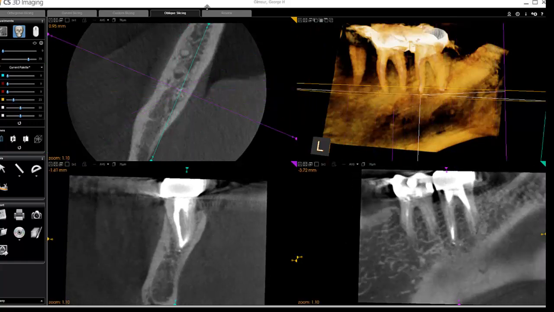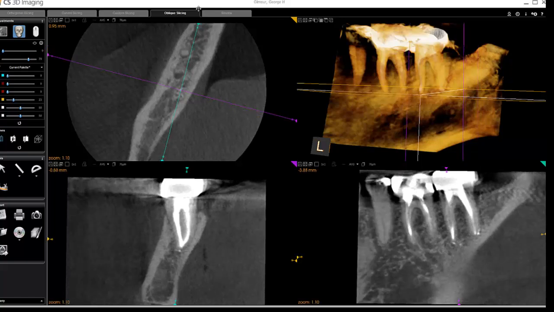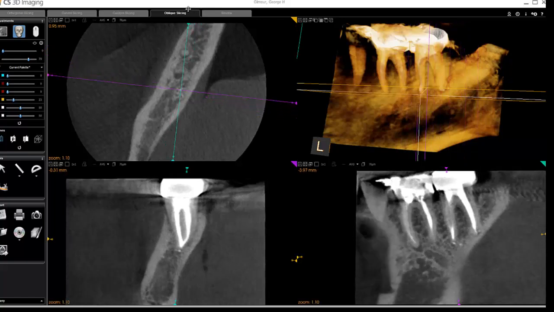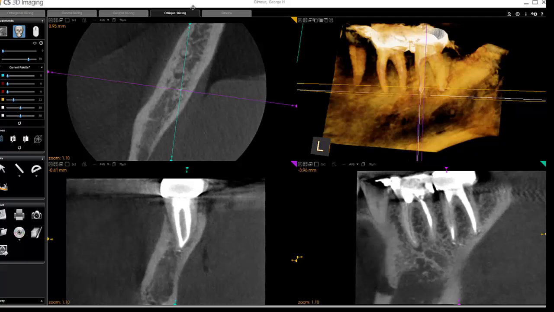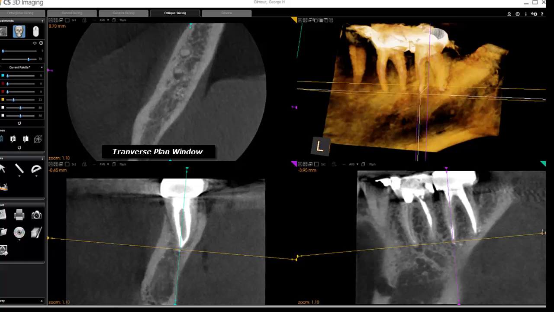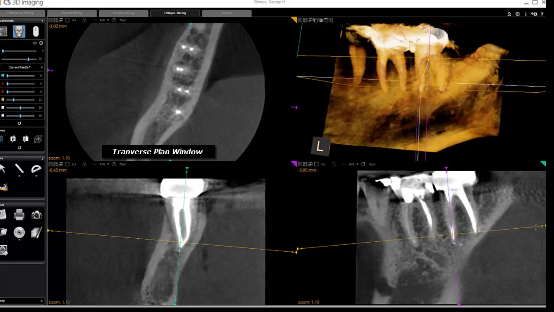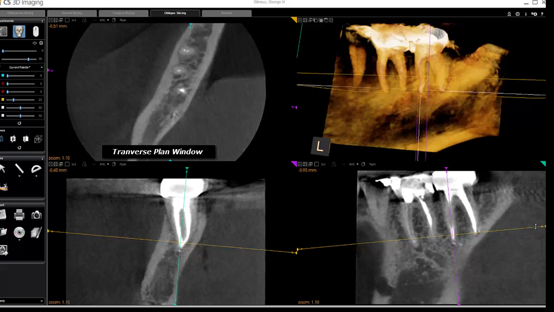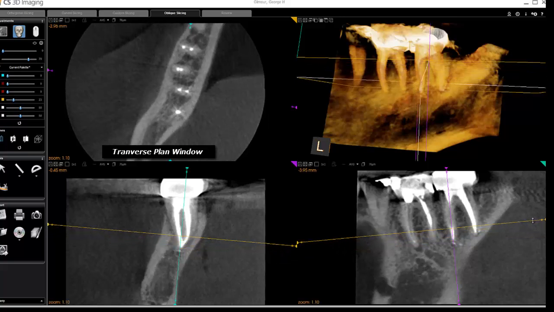Let's orient it fairly straight to where we started, right there. Okay, now let's travel up the transverse plane on that mesial root. You can notice the mesial root looks fairly normal. You can go up.